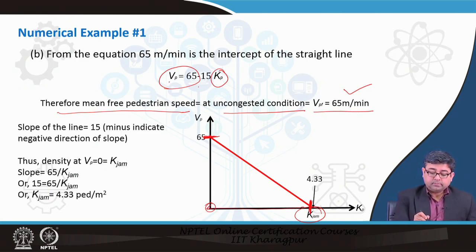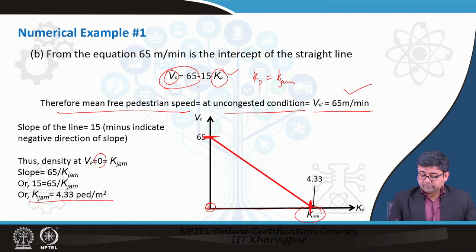So, if you put the value of 0 for Vp, this Kp automatically becomes equal to k jam. You know that k jam now is 4.33 pedestrians per meter square. So, now you know your mean free flow speed and your jam density, so you can draw this curve.